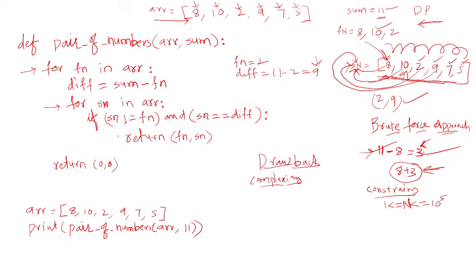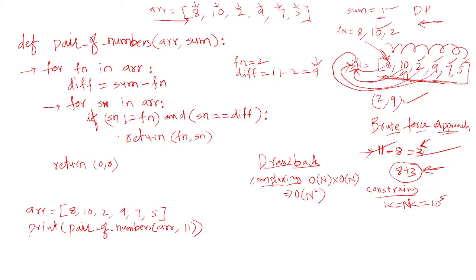If the array size is n, when you run a loop, then the complexity of that program becomes order of n. Then again you are running one more loop for the entire array size, which is another order of n. So the complexity of your program becomes order of n square.